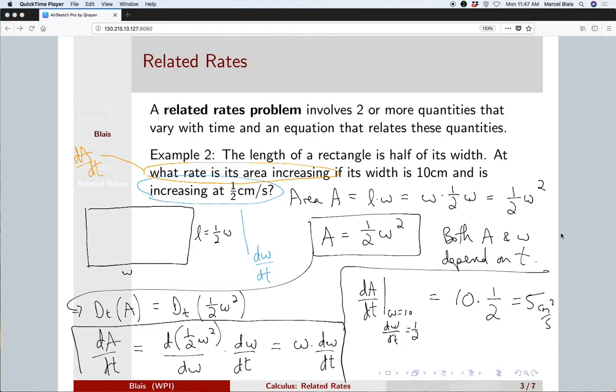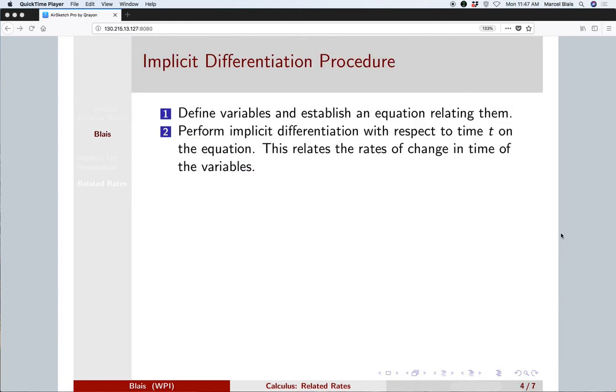So this is the idea, and we can step back from this example and see what the procedure is in general. And it's really 3 steps. First, define your variables, and then establish an equation that relates them. In that previous model, that was our area and width. Those were our variables, and then we had the area equation that related the two.